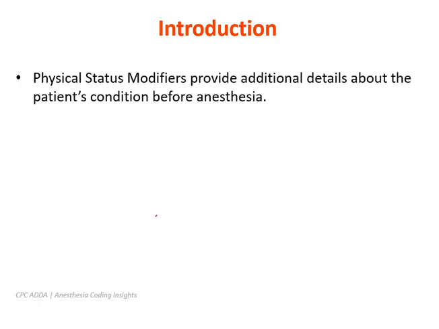So let's start with the basics. What are physical status modifiers? Physical status modifiers, labeled as P1 to P6, are used to describe the patient's medical condition prior to undergoing anesthesia.